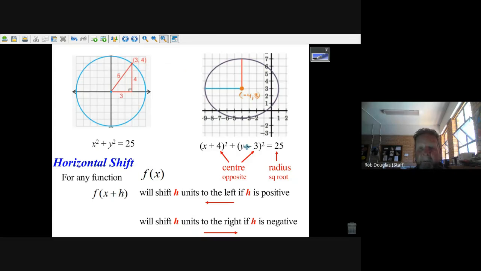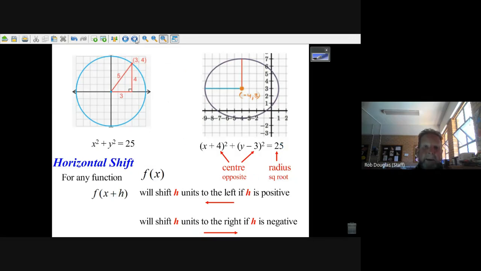And we can use the same idea here. This is called a vertical shift inside the bracket here. If you see a minus 3, that's why the center moves up 3. The opposite of these numbers will be where the center of the circle is. You've got your equation. If you take the square root of that, that's really the radius squared. If you take the square root of that, you'll get the radius.